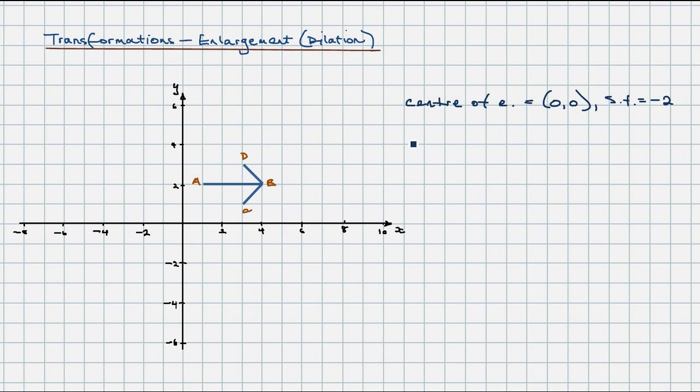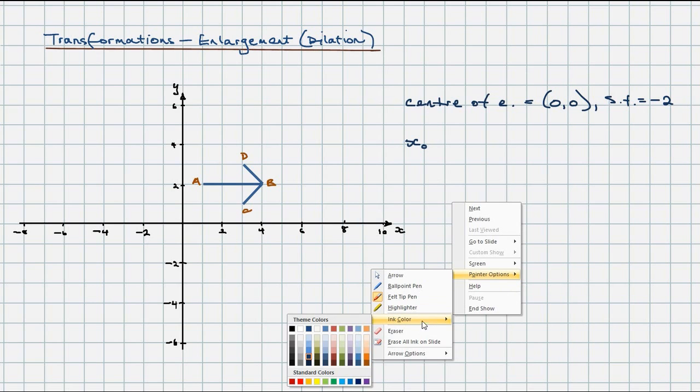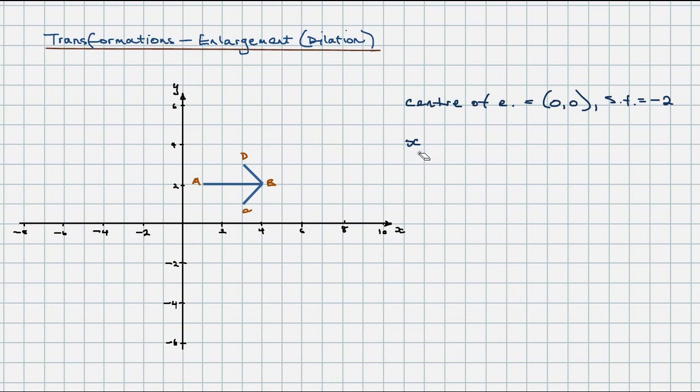So the x coordinate of the image of A is going to be minus 2 times, well, what's the coordinate? It's 1. So it's minus 2 times 1, and that will give us an x coordinate for the image of minus 2.